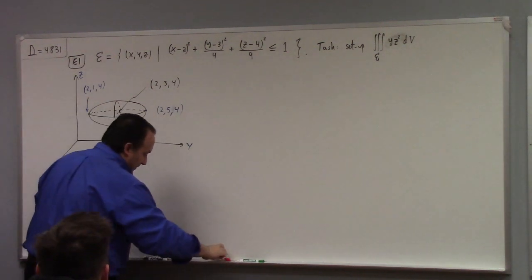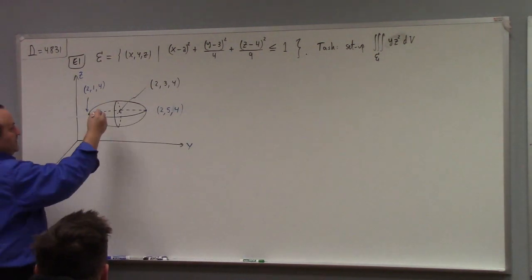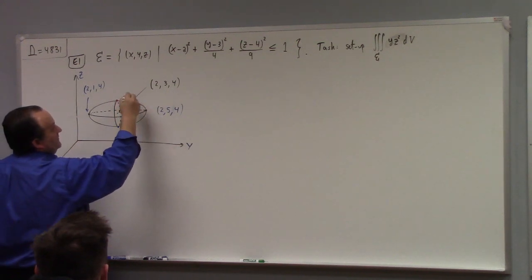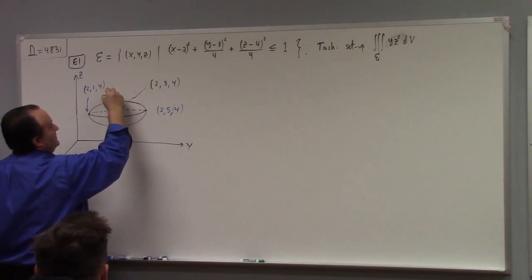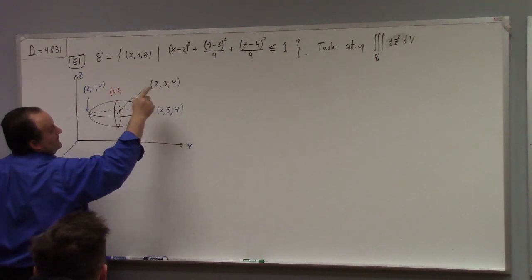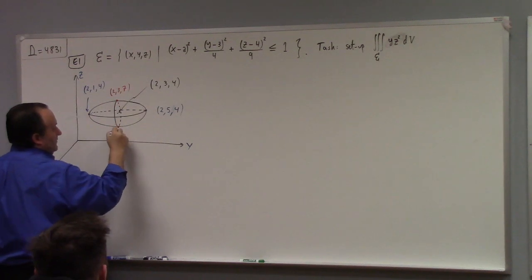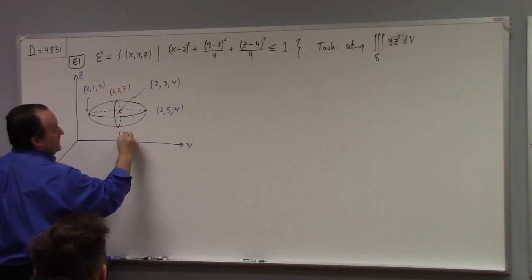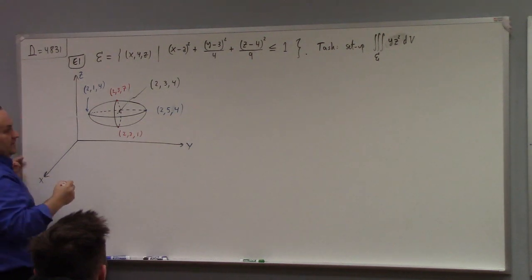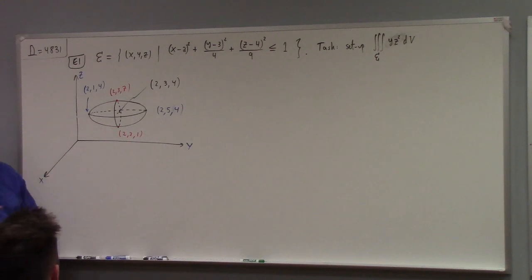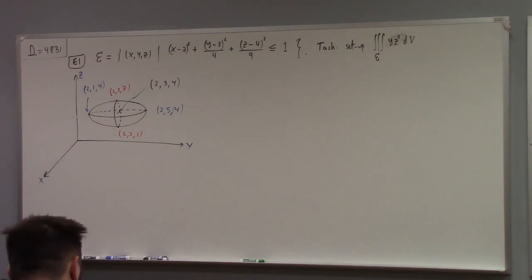Now the other 2 points we could think about would be the highest and the lowest point in z. So the highest point in z, we'd have x is 2, y is 3, z is 4 plus 3, which would be 7. This point right here, I would have 2, 3, 4 minus 3, which would be 1. And then you can also picture the points which are furthest in and out of the board in the x direction.